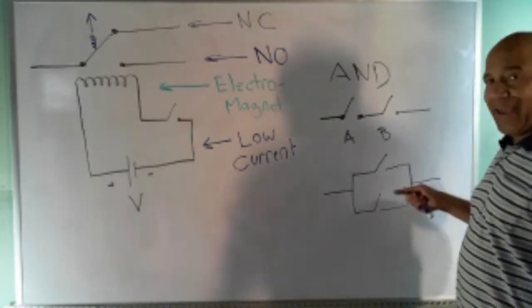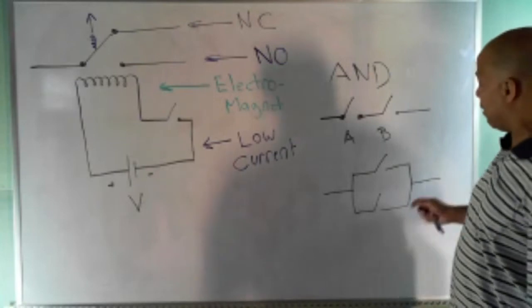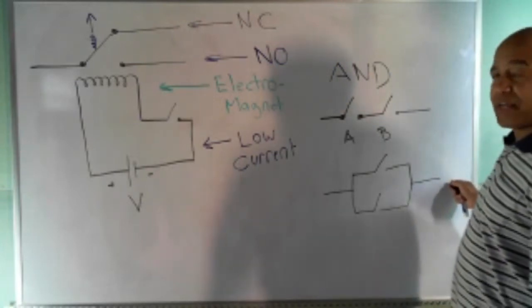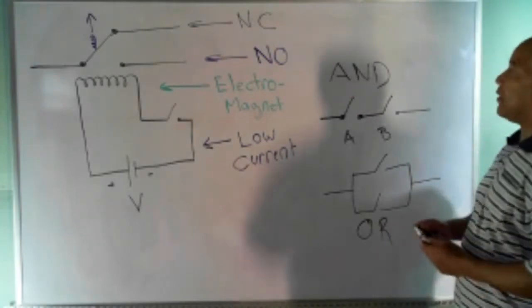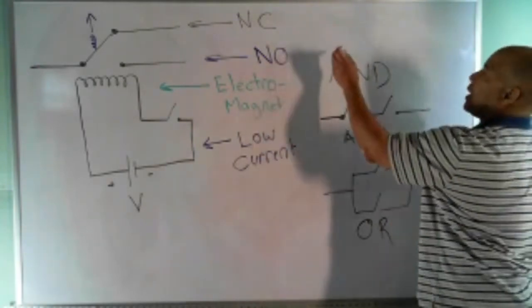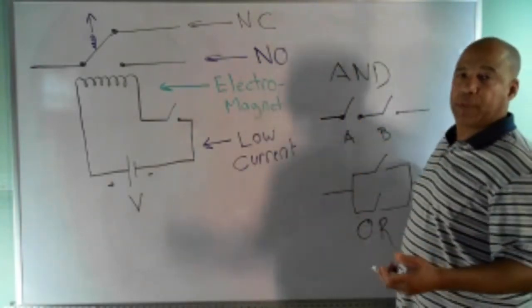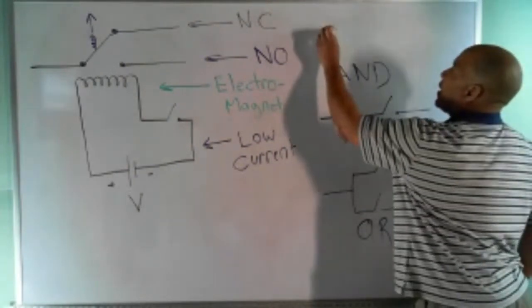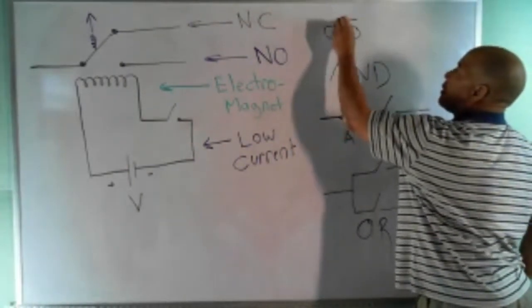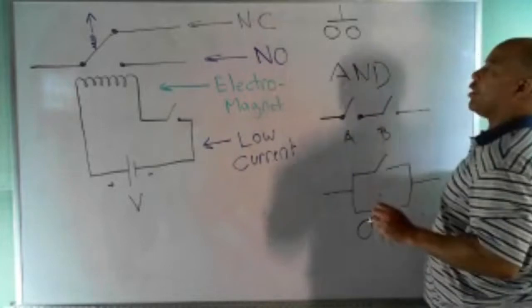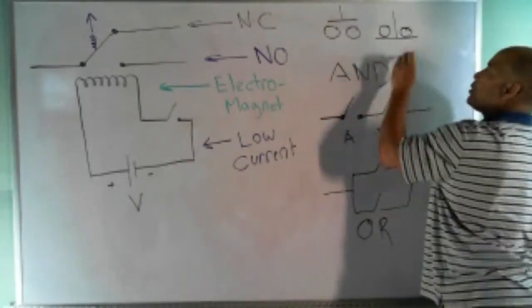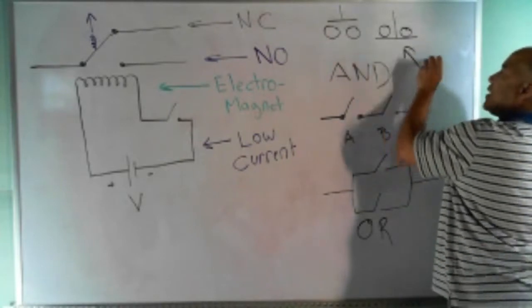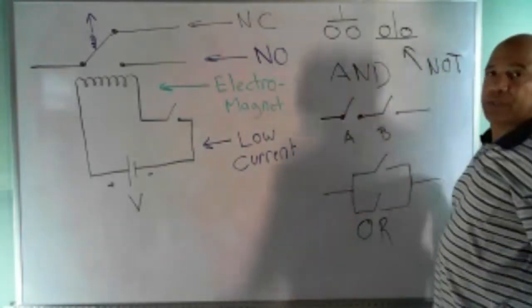Either A or B or both A and B will give me an output over here to some device. We call this OR logic. And then I didn't give you a very good example last time, but we talked about normally closed and normally open push buttons. So if I have a push button, that's a normally open push button, but we also talked about a push button that's normally closed, and we use this to represent NOT logic.